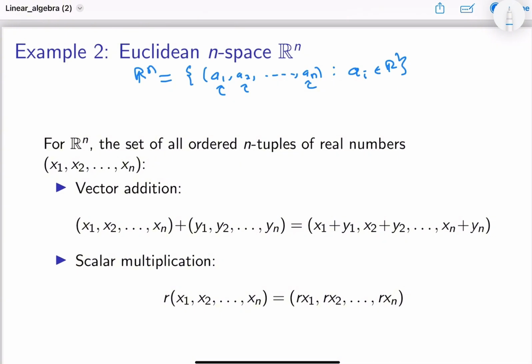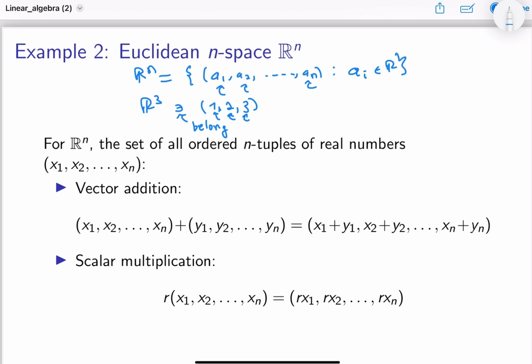So for example, R3 has the element (1, 2, 3). This is in R3 because it's a 3-tuple that contains real numbers, right?